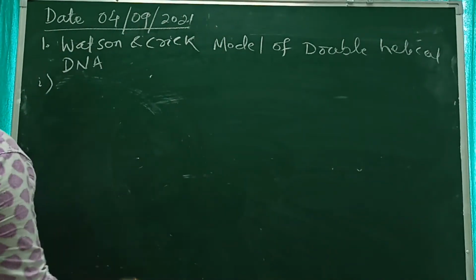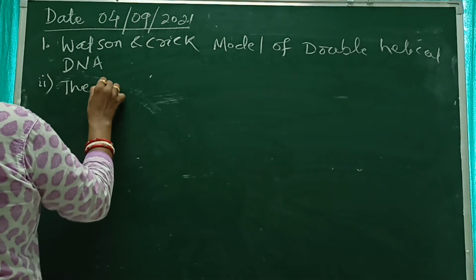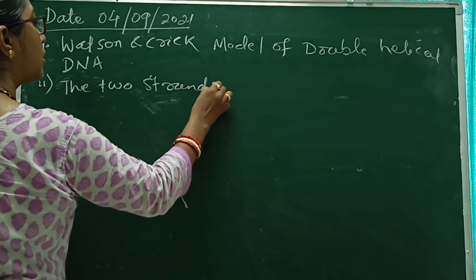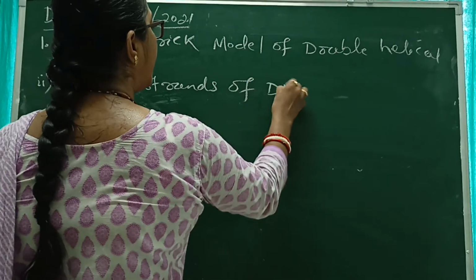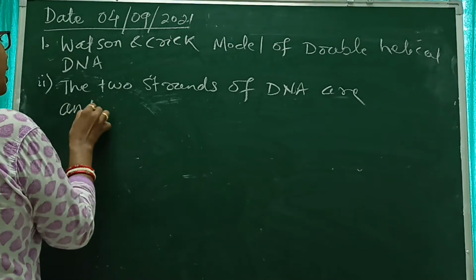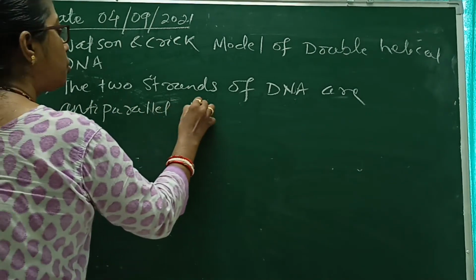The two polynucleotide chains, the two strands of DNA, are anti-parallel to each other.